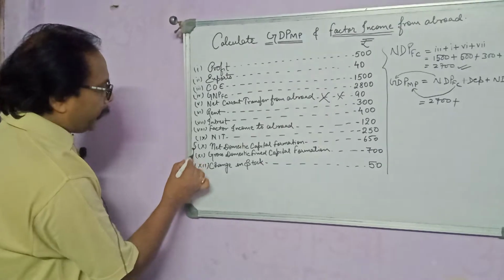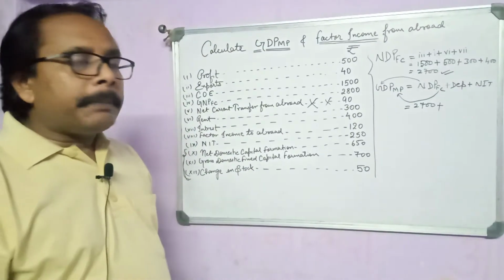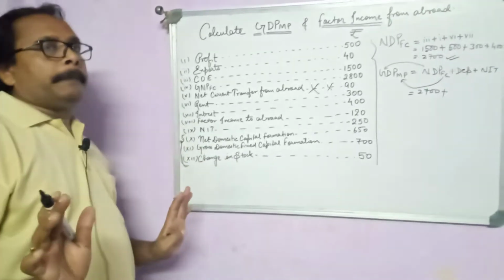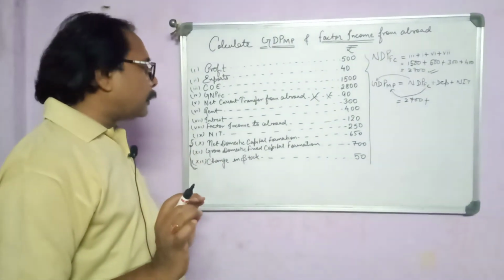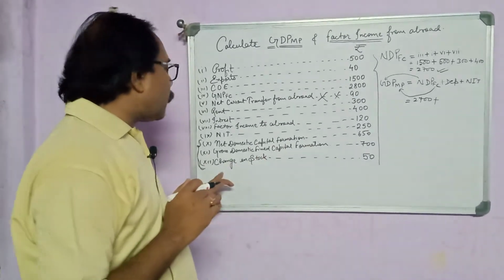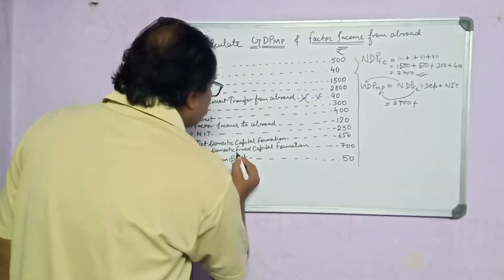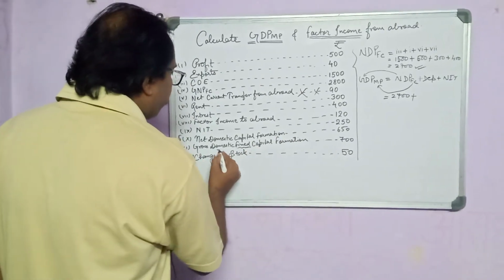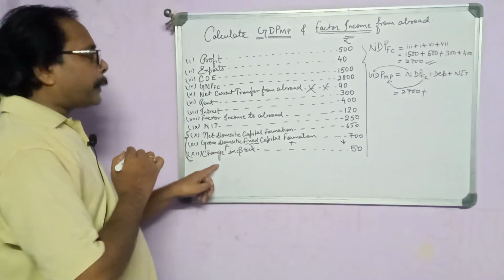This is the most important. In the expenditure method, we have discussed that gross domestic capital formation is equal to gross domestic fixed capital formation plus change in stock. Listen carefully.